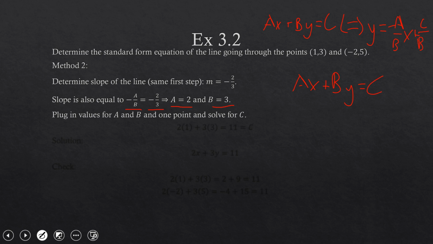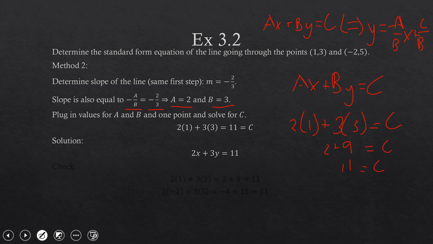If we plug in the point (1, 3), for example, that's going to give us 2 times 1 plus 3 times 3 is equal to c, and that's 2 plus 9 equal to c, and so 11 is equal to c. So 2x plus 3y equals 11. And we get the same answer we got earlier.